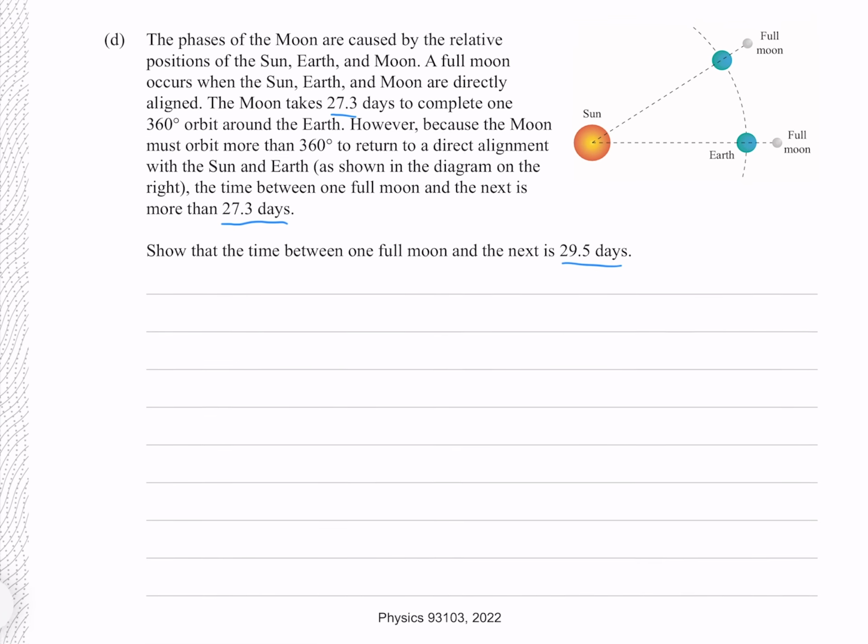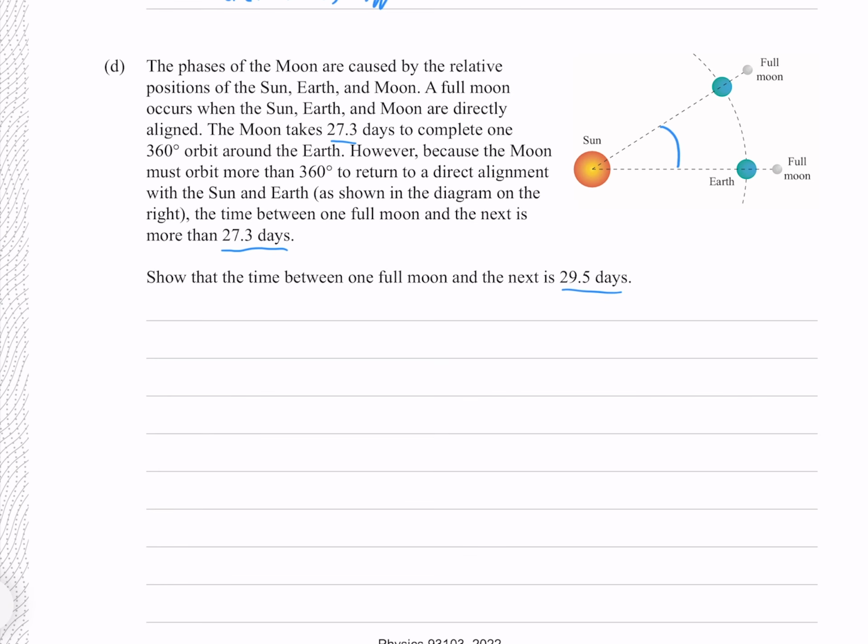The first thing we can recognize is that this angle that Earth traces is the same angle that the moon needs to additionally go. And so the total angle that our moon needs to go is going to be one full cycle plus our additional angle. Recalling that θ is equal to ωt, our total angle that the moon traces is going to equal the angular velocity of the moon multiplied by its total period that we're trying to find.